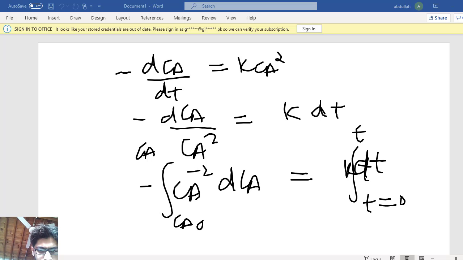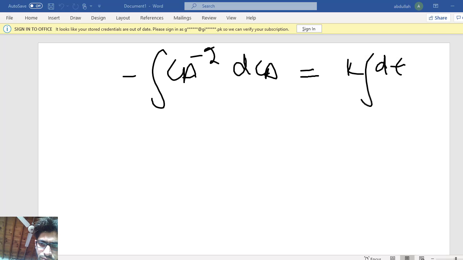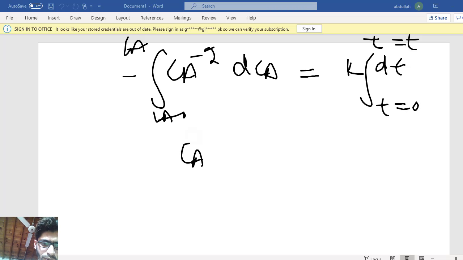After integration, we will get C_A to the power minus 2 plus 1 divided by minus 2 plus 1, and this is minus.